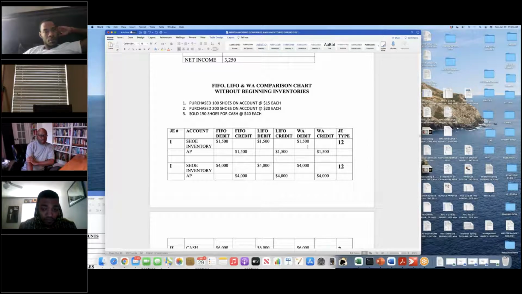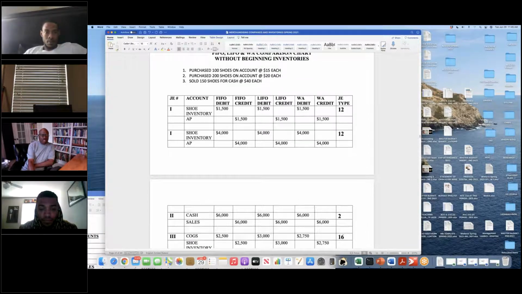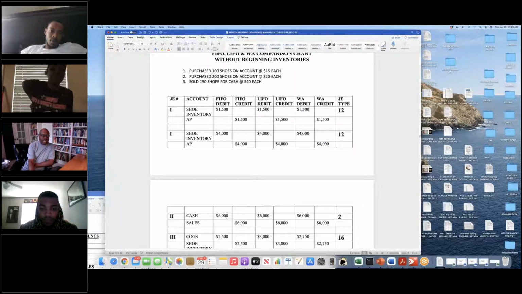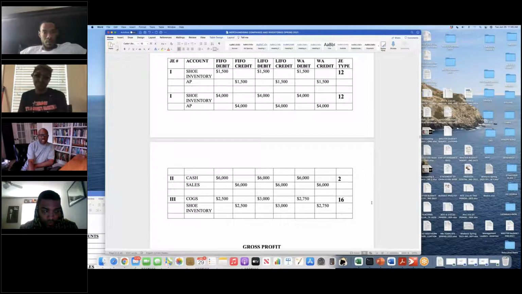The purchase journal entry stays the same on the FIFO, LIFO, and weighted average. The sales journal entry stays the same on the FIFO, LIFO, and weighted average. So once you got the sales amount, you got it. The only journal entry that is changing is the cost of goods sold. So that changes, but everything else stays the same.